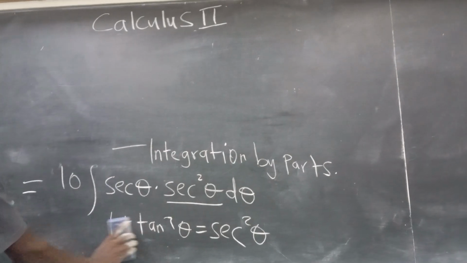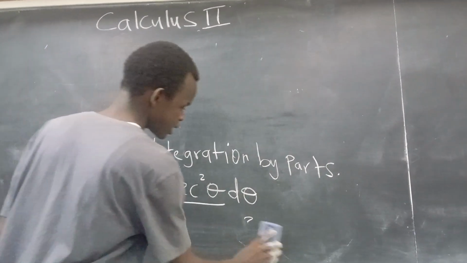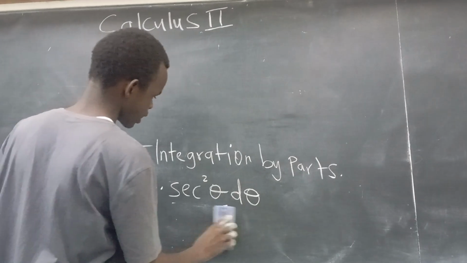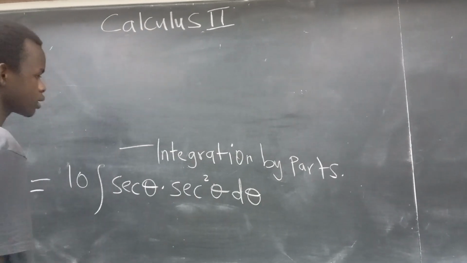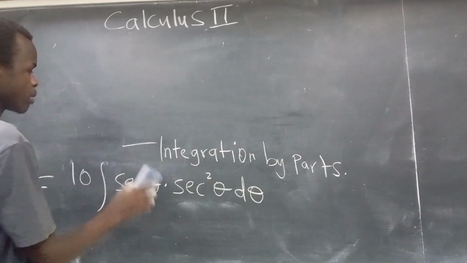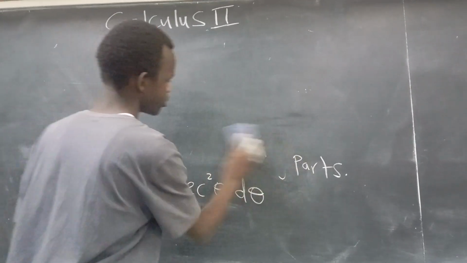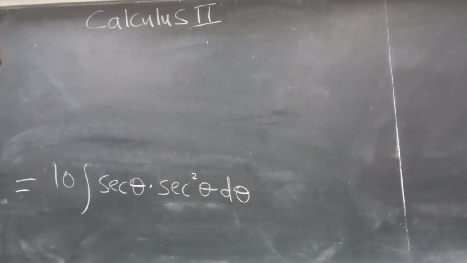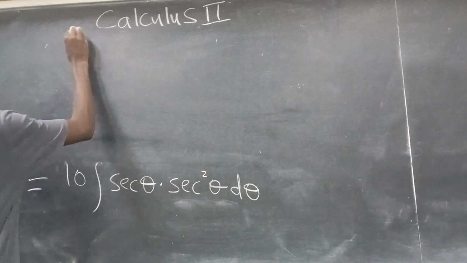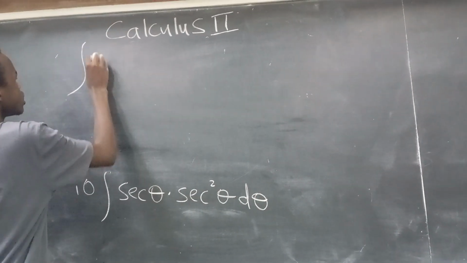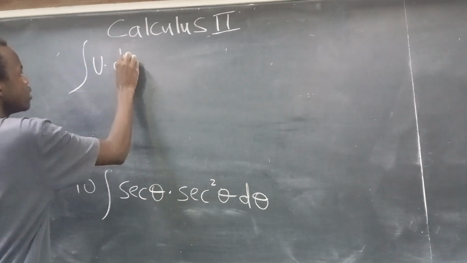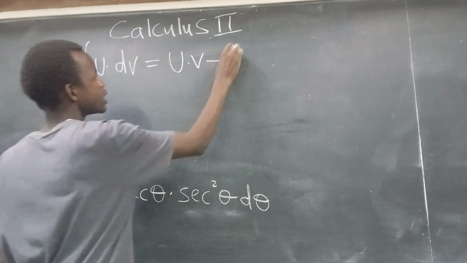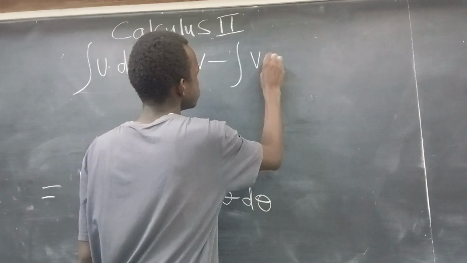Instead of the Pythagorean identity, I'll use integration by parts. The integration by parts formula says the integral of u dv equals u multiplied by v minus the integral of v multiplied by du.